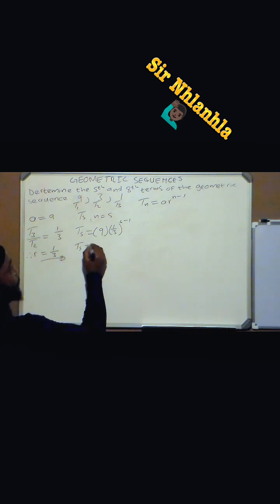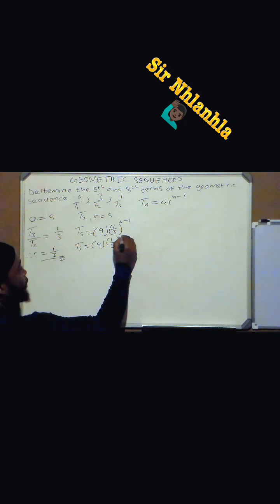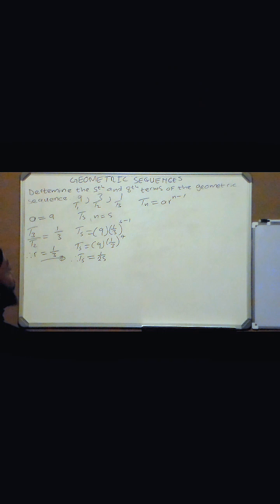So T5 should be equal to 9 multiplied by the common ratio to the power 4. Therefore T5 should be equal to 1 over 27. So this is our term 5 of the sequence.